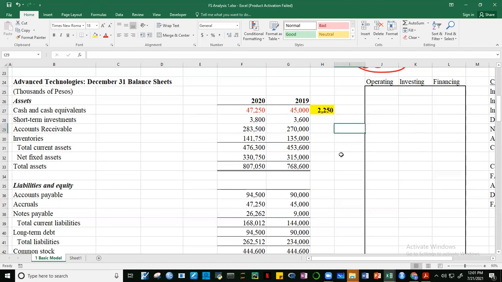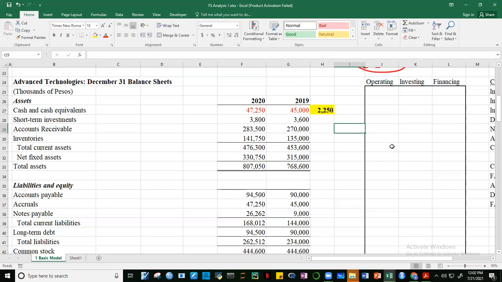We're going to investigate saan nanggaling yung 2,250 na yan. So dapat dito sa table na ito na gagawin natin, pag in-add natin si operating, investing, financing, dapat ang kakalabasan yan, guys, dapat 2,250. If it's not 2,250, that means, guys, na something's wrong with our pro forma, with our template.